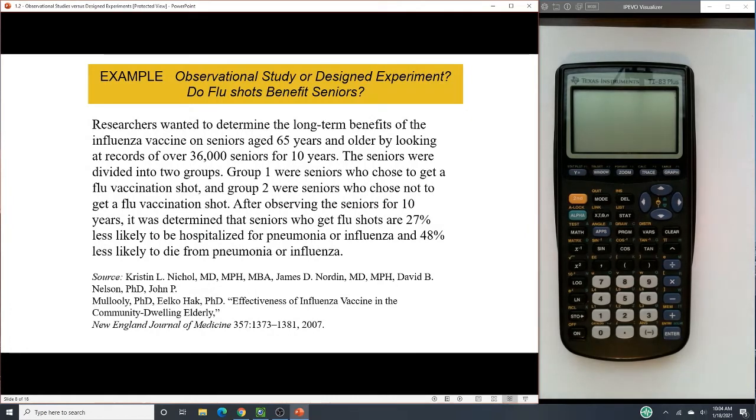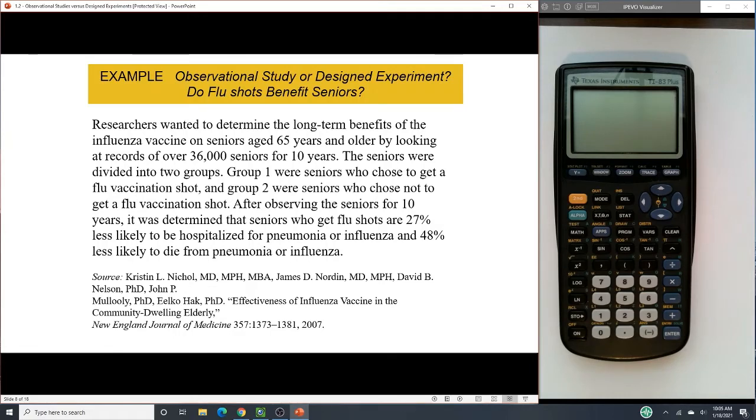Here is another example. Researchers wanted to determine the long-term benefits of the flu vaccine in seniors. They looked at records for 36,000 seniors for 10 years. The seniors were divided into 2 groups. Group 1 got the vaccine, group 2 did not.